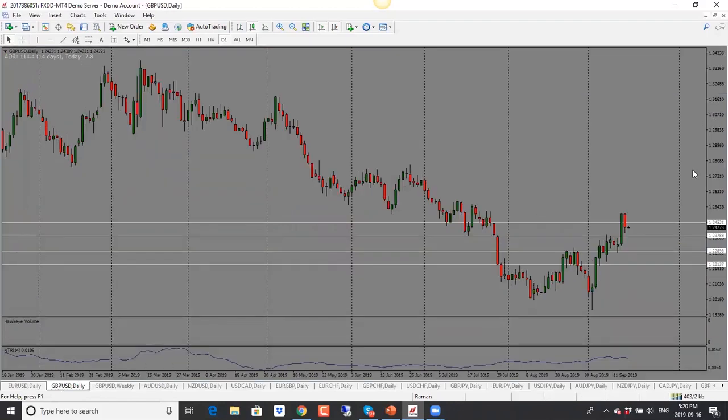Pound dollar here. The pound hasn't been as bearish as the euro. One of the things that's driving the British pound right now is that the market is waiting for the decision tomorrow in regards to Boris Johnson.